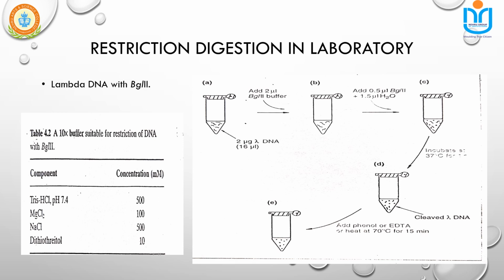The other main component in the reaction will be the restriction endonuclease. Before adding the enzyme, the solution containing the DNA must be adjusted to provide the correct conditions to ensure maximal activity of the enzyme. Most restriction endonucleases function adequately at pH 7.4, but different enzymes vary in their requirements for ionic strength, usually provided by sodium chloride and magnesium concentration.